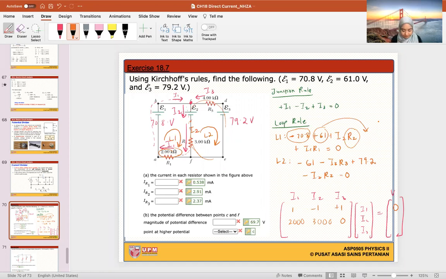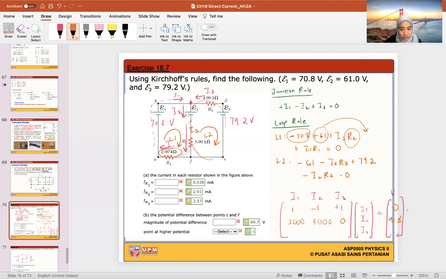Minus 61 plus 70.8 is 9.8. My answer changed a little. 9.8, okay. Where should I put it? Let's see here. 9.8 volts.